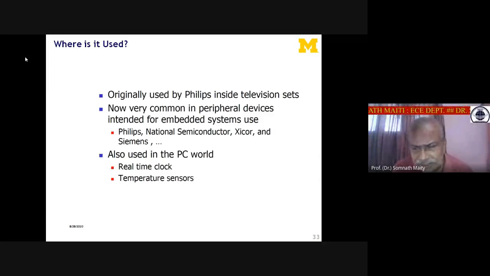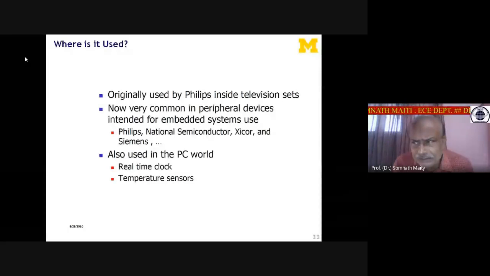Within a television, in the circuit, the PCB board, there are various chips and controllers. Communication between controllers in a circuit used to be done through I2C. Now it is very common in peripheral devices intended for embedded system use. Why has it become popular?